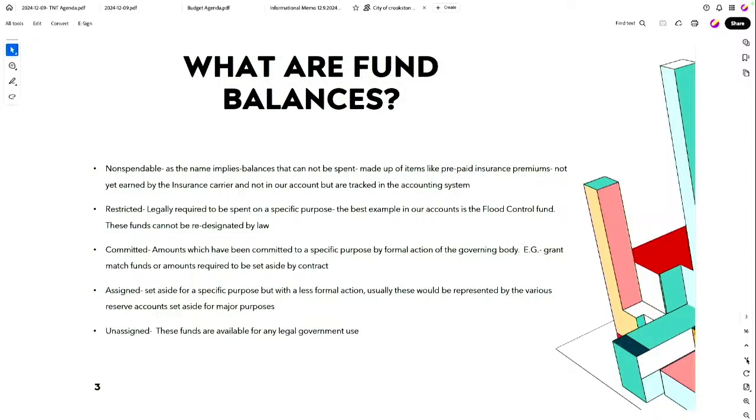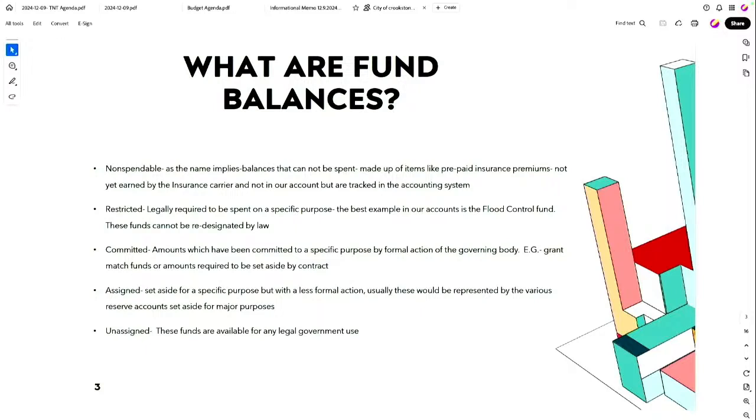The next item is committed funds. These are amounts which have been committed to a specific purpose, but not by law. It's by a formal action. Usually that formal action is going to be by a resolution of the city council or by a contract. An example of these would be matching funds for grants. If we have a $3 million grant that requires $1.5 million in match, this council would vote to commit that $1.5 million to match that grant.